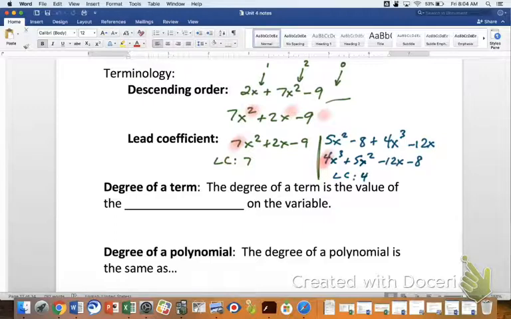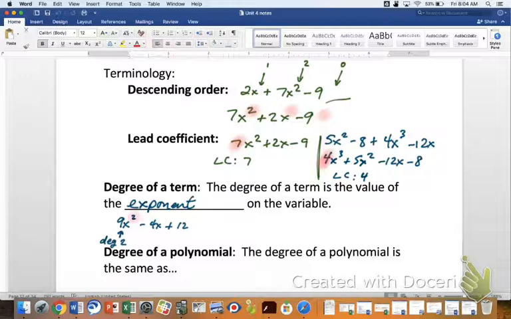Okay, two more terminologies to talk about here. The first one is degree of a term. The degree of a term is the value of the exponent on the variable. So for example, if I had 9x squared minus 4x plus 12, I would say that the degree for this first term is 2.